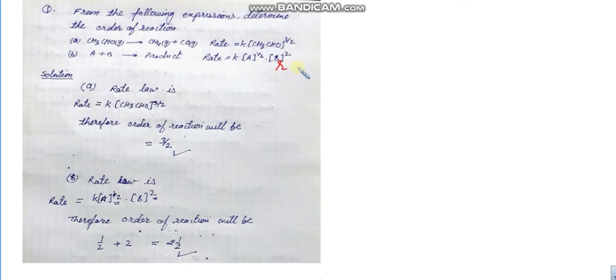Rate is equal to K into concentration of CH3CHO to the power half. So what is the order of reaction? The order will be half. Similarly, here it is 3/2. So the order will be 3/2.